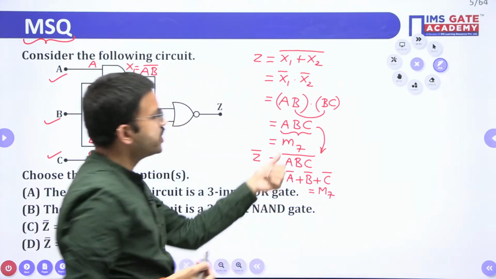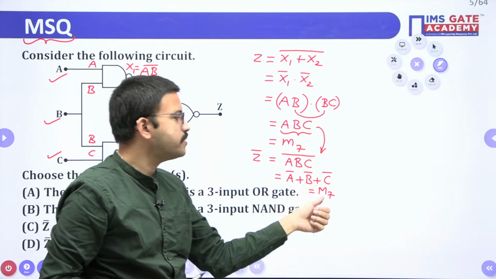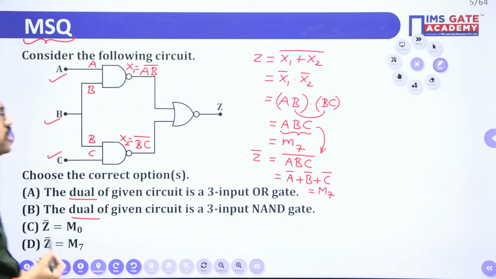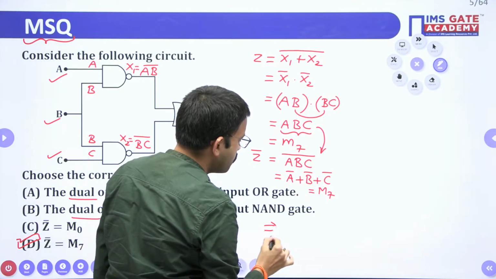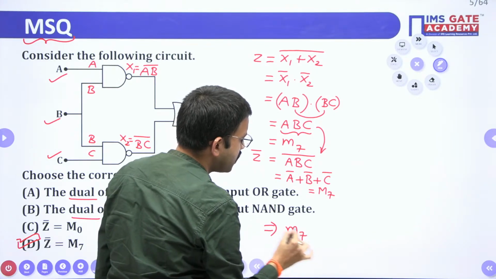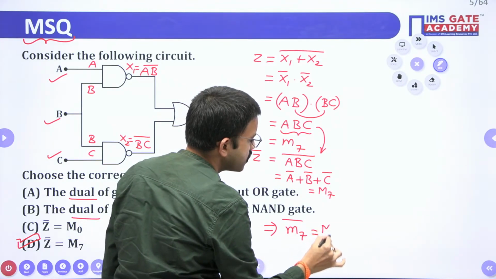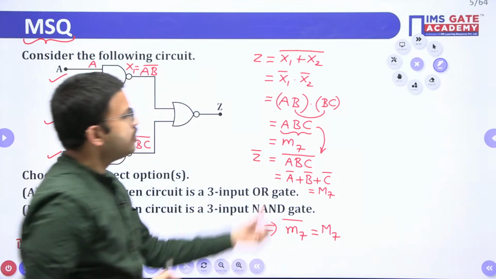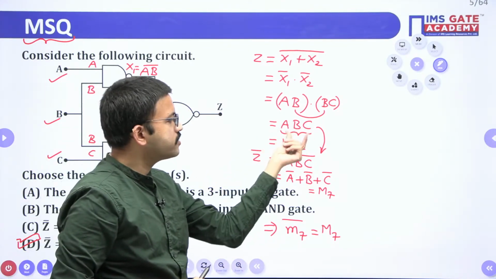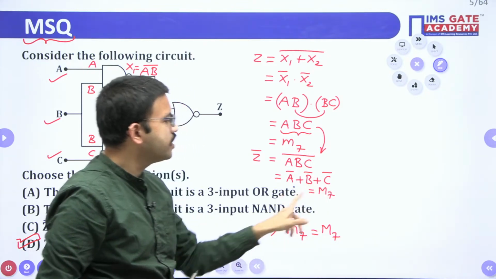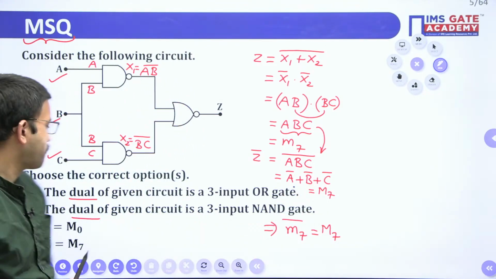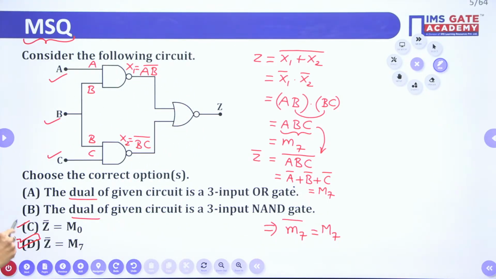Or directly you can write that the complement of a minterm is nothing but a maxterm. So that means option D is correct. Directly also you can write the complement of minterm m7 bar is equal to M7. So obviously option C is wrong.